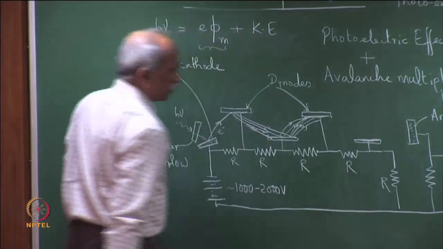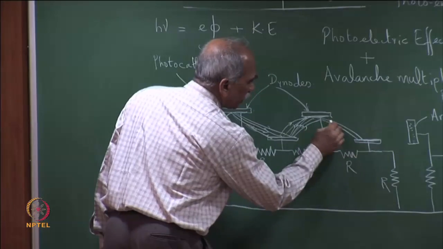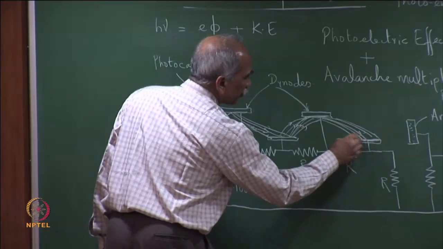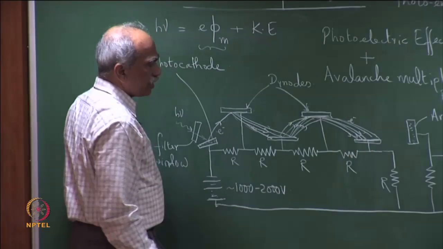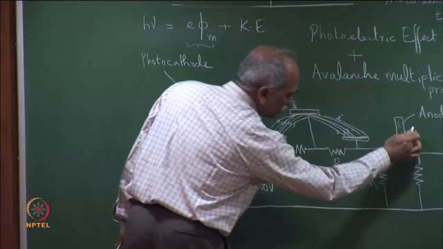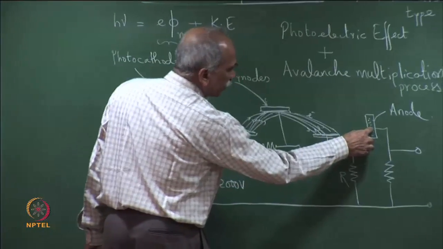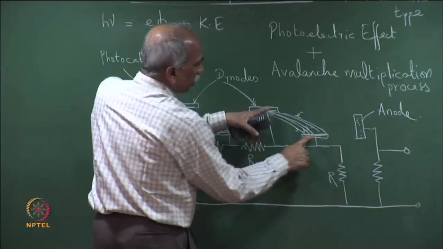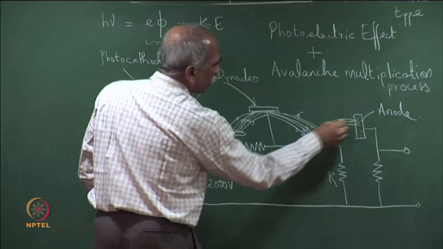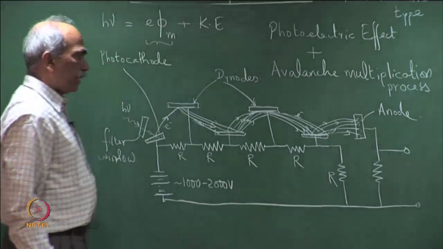Depending on the number of dynodes, we have an avalanche. Let me illustrate further how the avalanche is taking place. These are all electrons released, which are finally collected. As you can see, this is connected to ground or the common line, at a potential difference same as the others, and therefore the electrons from the last dynode are collected at the anode.